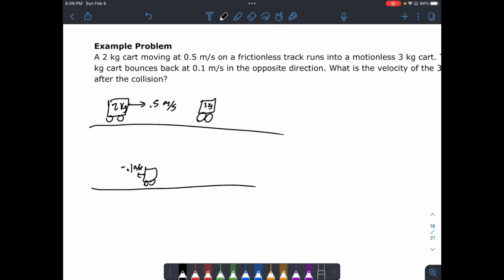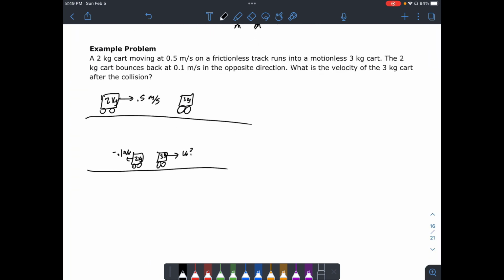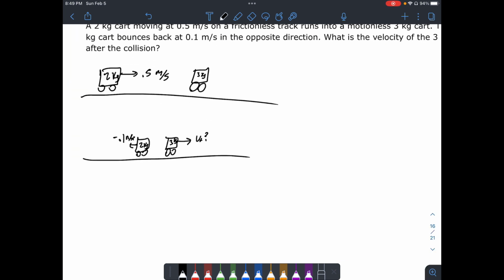Just call that negative. And then we want to know what this velocity is after the collision. Right, this is before and after.